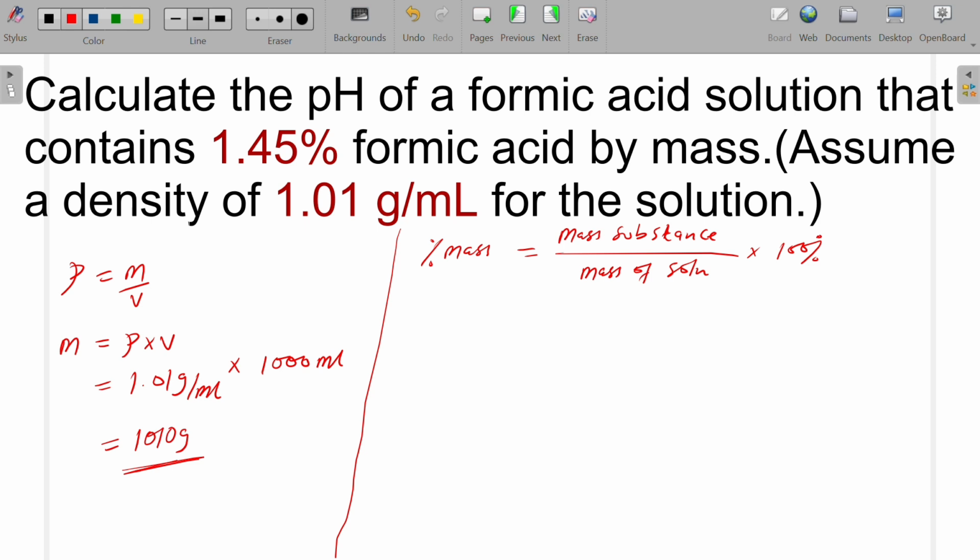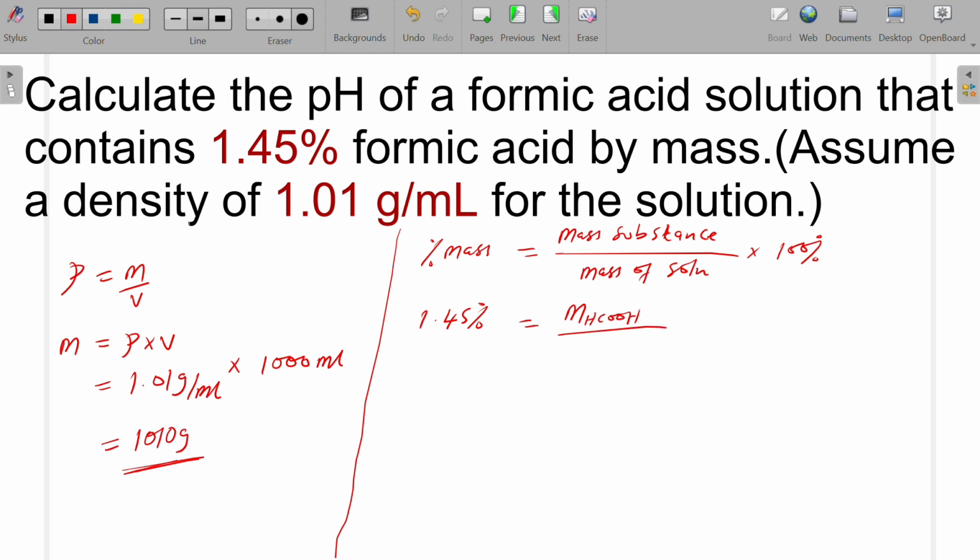So let's replace. What we have here is 1.45% on this side, and on this side we have the mass of formic acid. Formic acid has the formula that I've just written there.